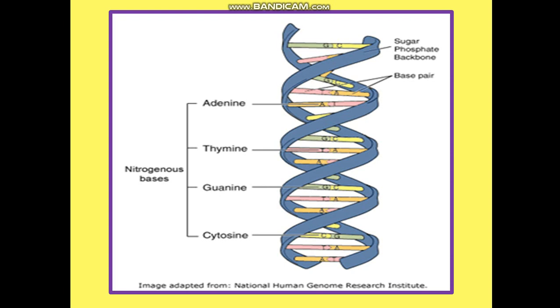So there are sequences of nucleotides which behave as genes. Clear? So what is the unit of heredity? It is genes. Clear?